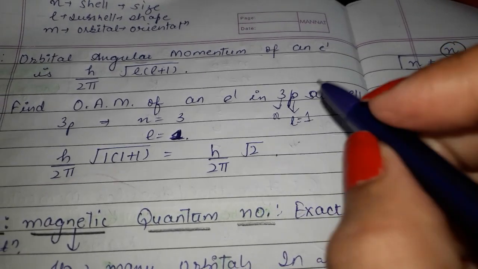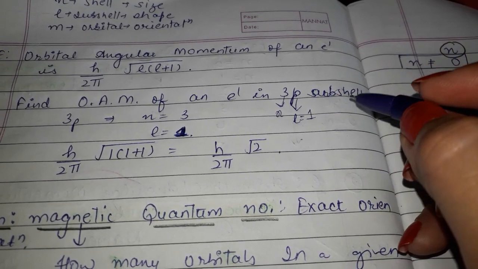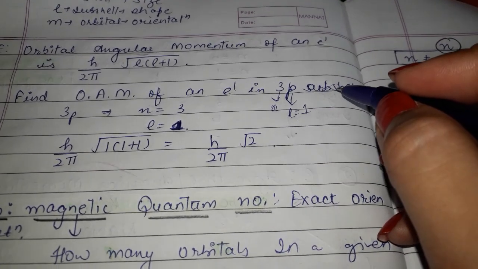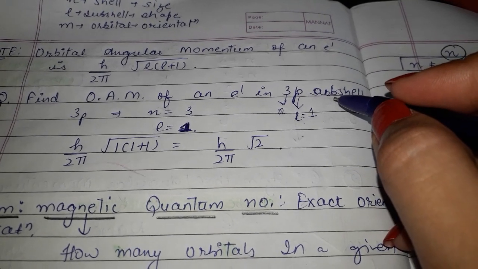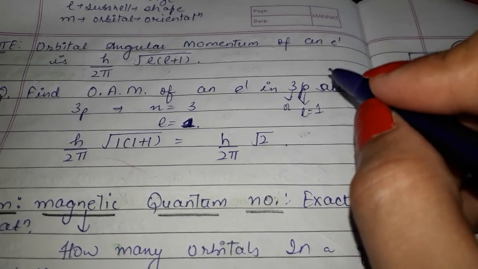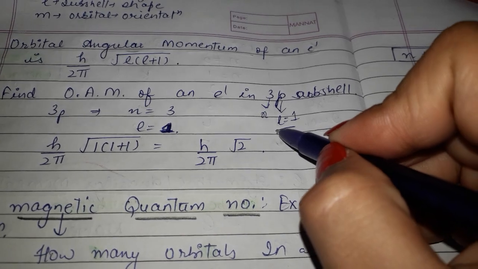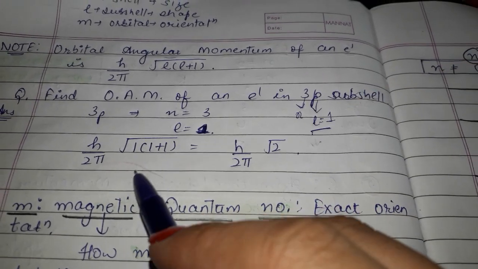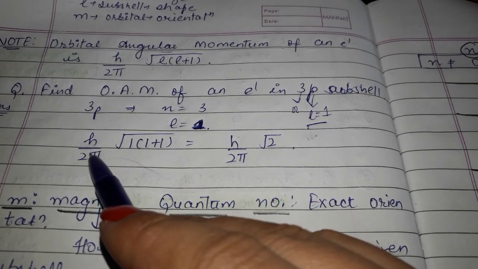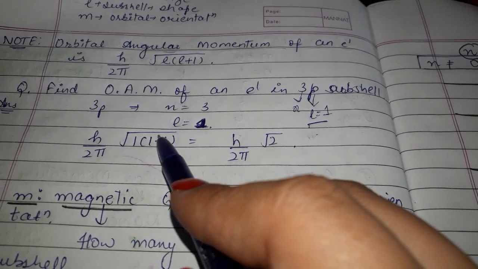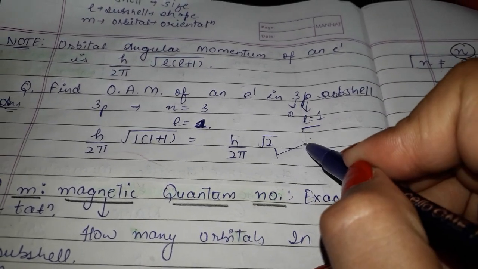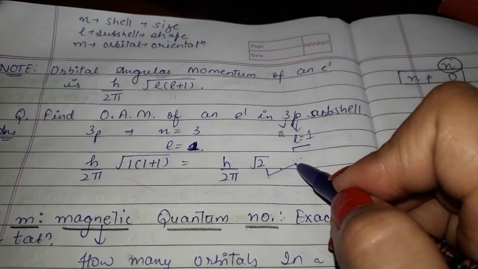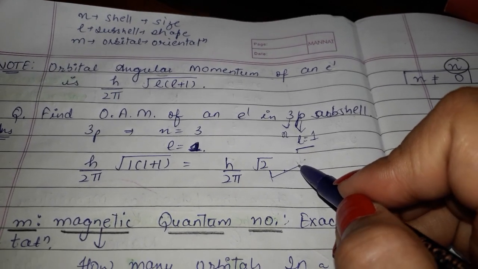L is equal to 0 for S, L is equal to 1 for P, L is equal to 2 for D and L is equal to 3 for F. So, the value of L will be 1 here. We will put it here: h upon 2 pi as it is, and 1 plus 1 under the root. Questions can be asked from here.